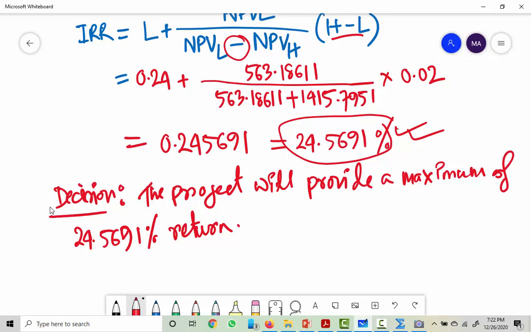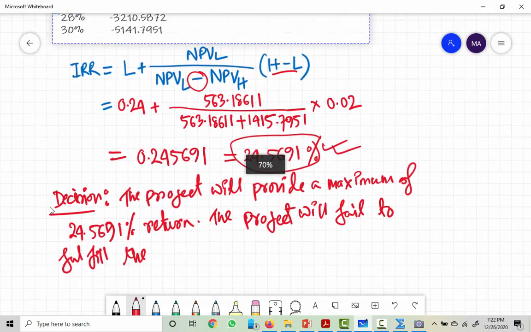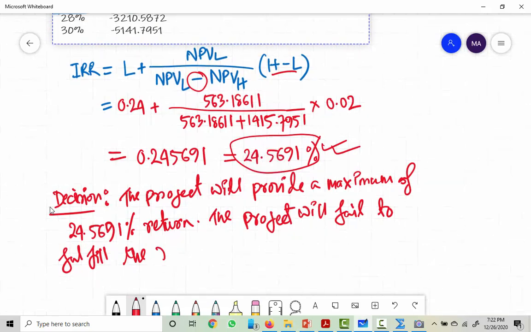So the project will fail to fulfill the required return of 25%.